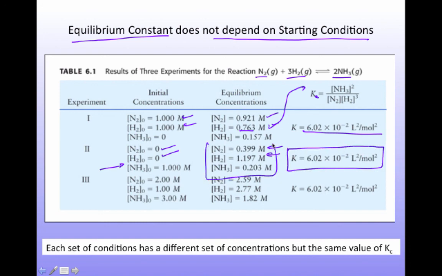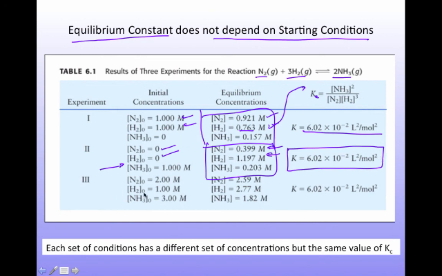Totally different concentrations, completely different conditions. So the equilibrium doesn't always end with exactly the same ratios of concentrations. But when I put them into the mass action expression, it works out. So here, it's mostly nitrogen in the first example, but in the second example, it's mostly hydrogen. And when you put it all in and square it and cube it, it all comes out to be exactly the same thing.